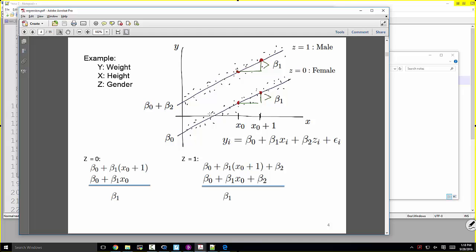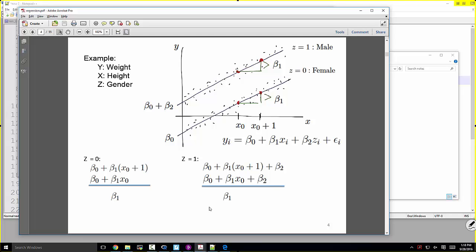And the way we have this model written, we have a slope beta 1 that applies to the females and to the males. This model is allowing for a linear relationship between height and weight and a constant shift between men and women.